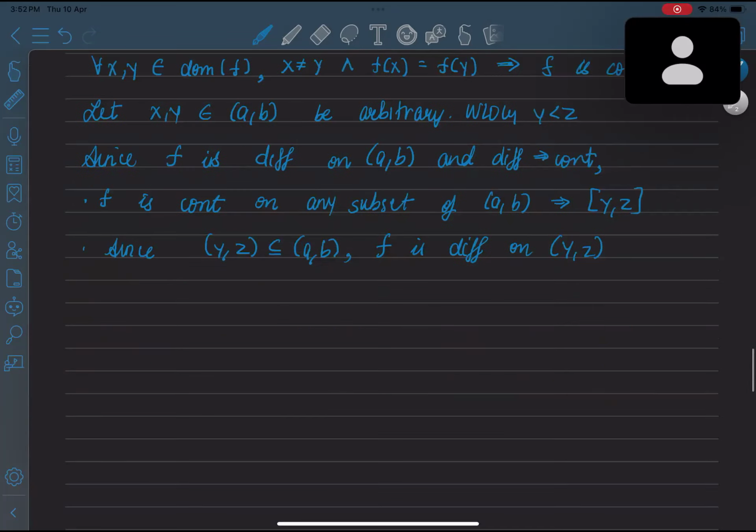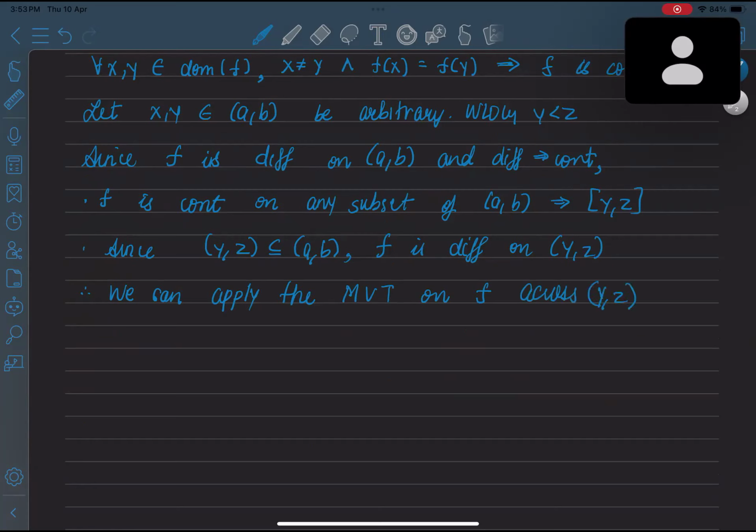And this is really nice because this is essentially the hypothesis of the mean value theorem. And therefore, we can apply the MVT on f across [y, z].